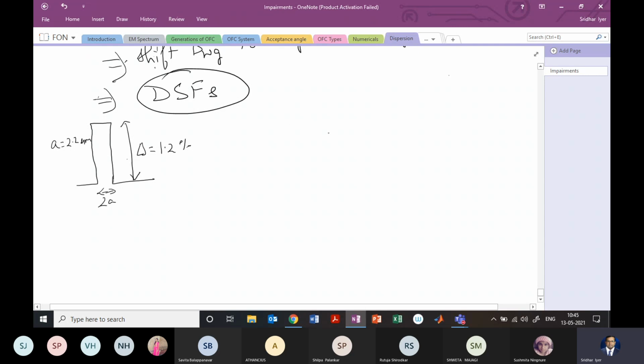You can also have a triangular profile where the core index looks like this, then you have some flattening, then it increases and then flattens out, right? So the same thing occurs on this side. So here the index difference is about 1%, and you have different kinds of radius values.